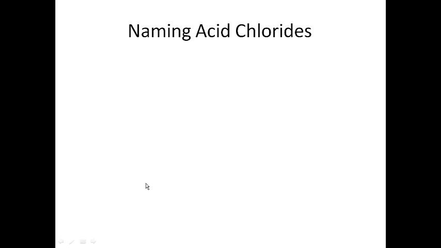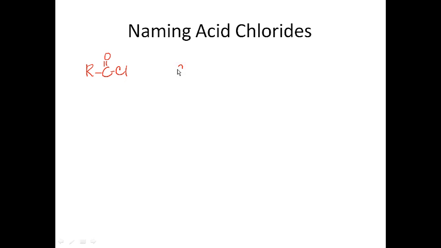So first of all, if we start with an acid chloride, we know that the acid chloride in this case has a halogen attached to the carbonyl group. The way that we name this acid chloride is to name the carboxylic acid that it came from.